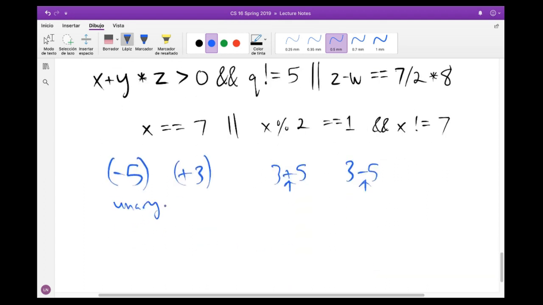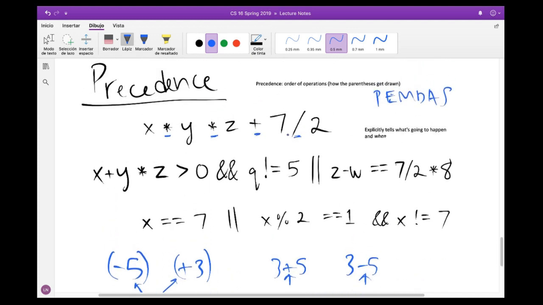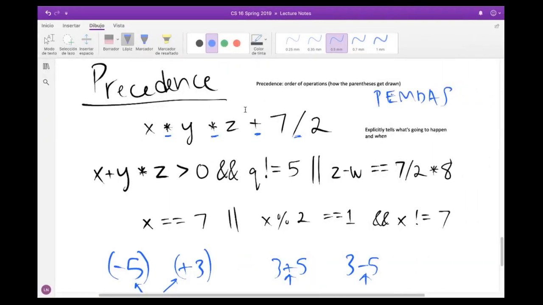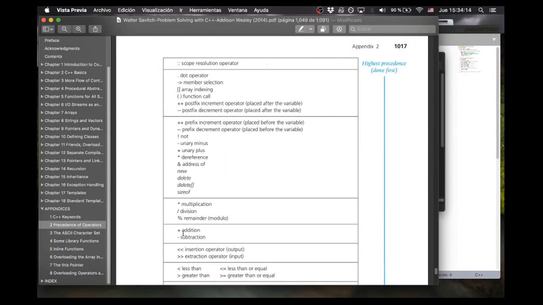Unary plus and minus. And these are binary, plus and minus. Binary, like they take two things. Okay, so with that in mind, there are no unary pluses or unary minuses. There is a binary plus, and so that would be this one way down here, all right?